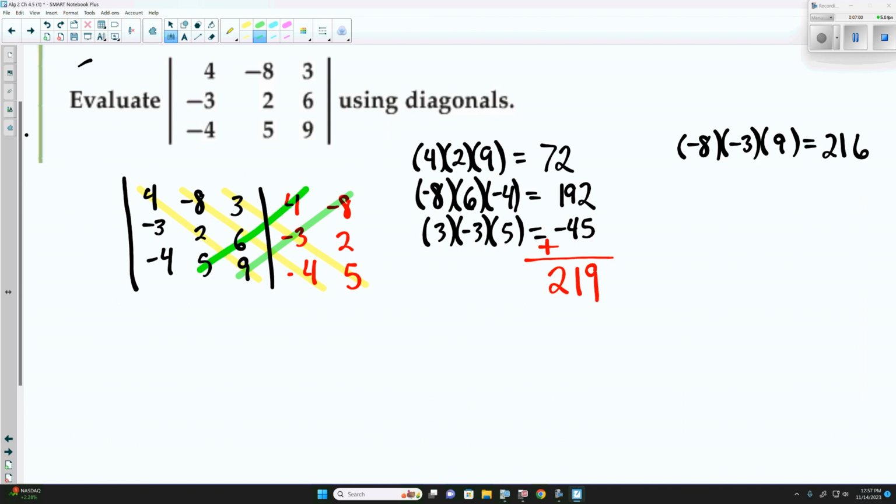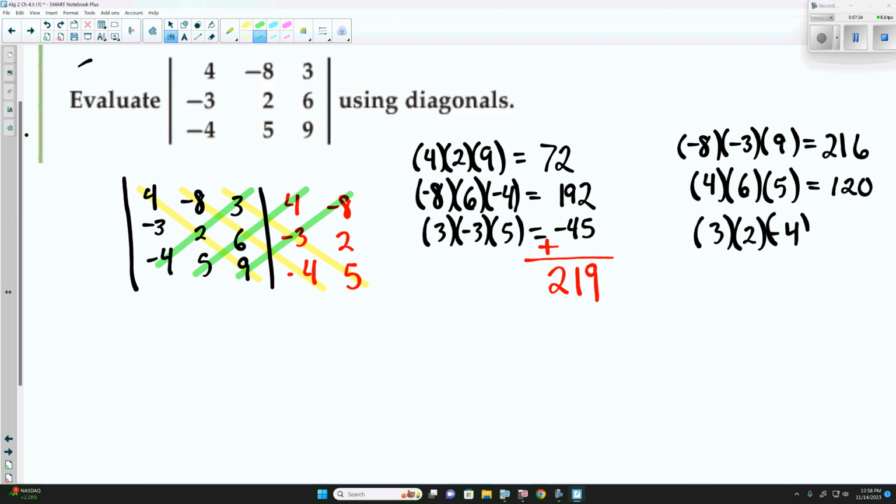Then we'll do the next one. 4 times 6 times 5, which is 120. And lastly, 3 times 2 times negative 4. And just like with the other one, we're going to add these 3 together. 312.